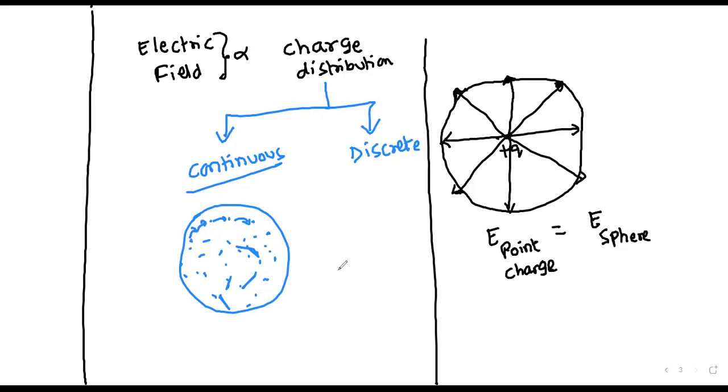In the discrete case, the distribution of charge on the next particle will not be there. That means the particles will be much farther from each other, whereas here it is very close. I think last year you might have studied the solid sphere and hollow sphere. In the solid sphere we have continuous distribution, whereas in the hollow sphere we have particles only on the surface, we don't have inside.